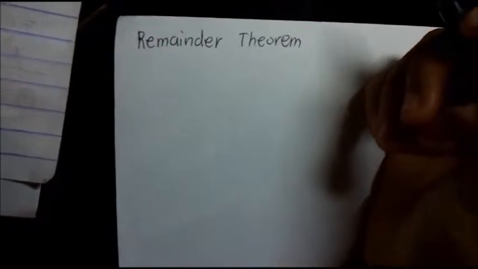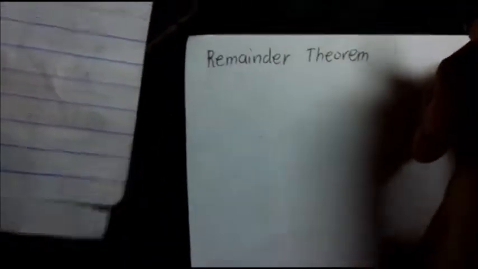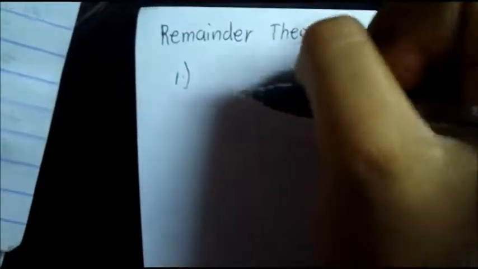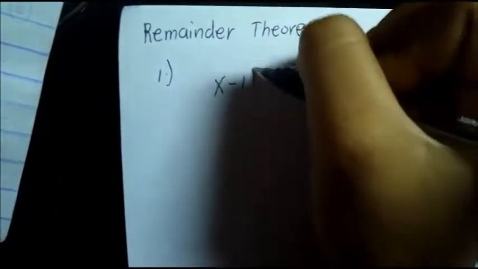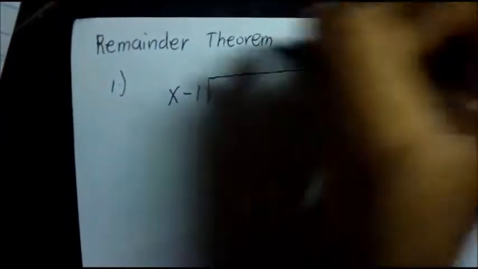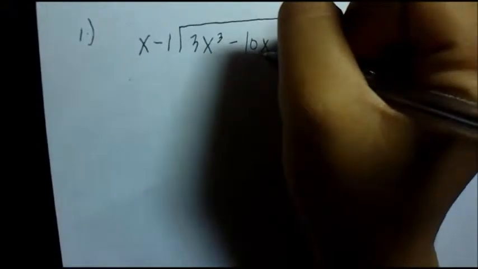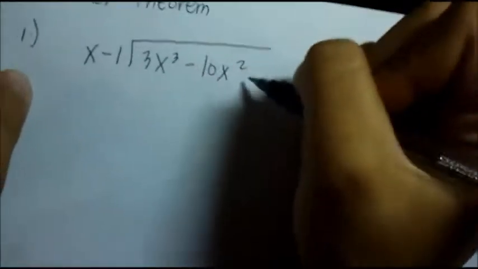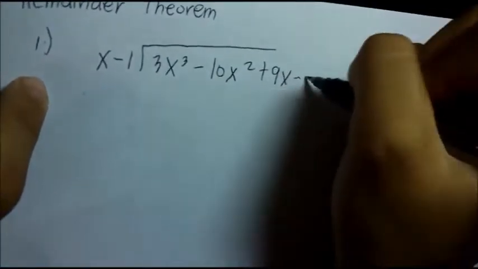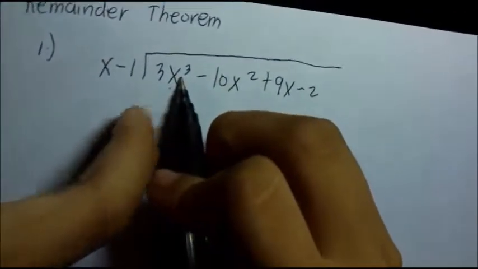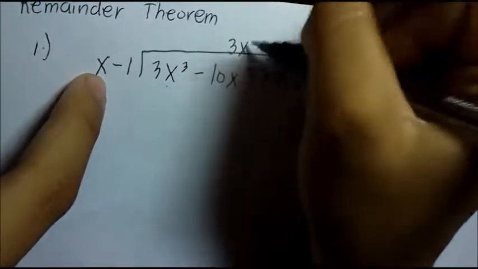Our next topic is remainder theorem. Our first example is x minus 1 divided by 3x cubed minus 10x squared plus 9x minus 2. 3x cubed divided by x is equals to 3x squared.